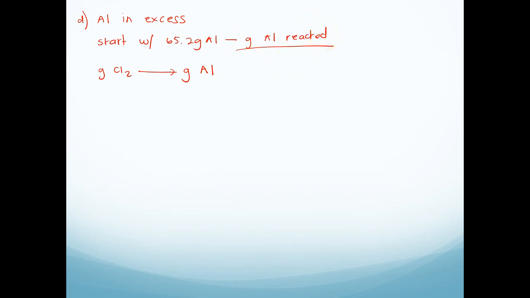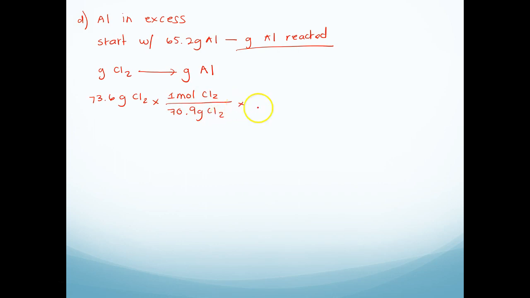All right. So if we need to go from grams of chlorine to grams of aluminum, we need molar masses for each of them. We need a mole ratio. And then we can set up the problem like this. We have 73.6 grams of chlorine that we're starting with. We want to go to moles of chlorine. So for 1 mole of chlorine, it's 70.9 grams of chlorine.